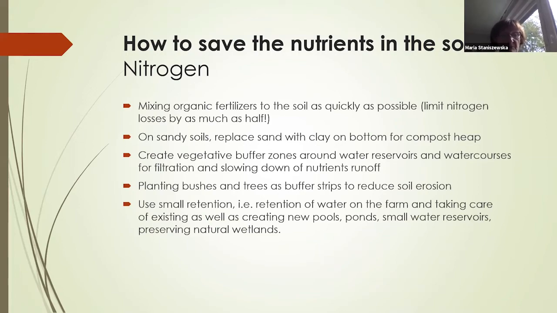Plant bushes and trees as buffer strips to reduce soil erosion. And use small retention, for example, retaining water on the farm, taking care of existing as well as creating new pools, ponds, and small water reservoirs, preserving natural wetlands.